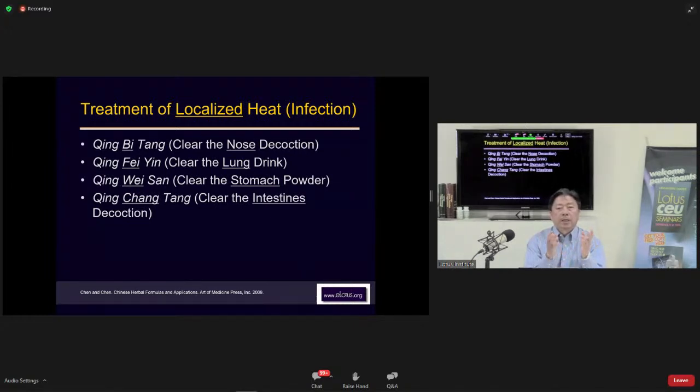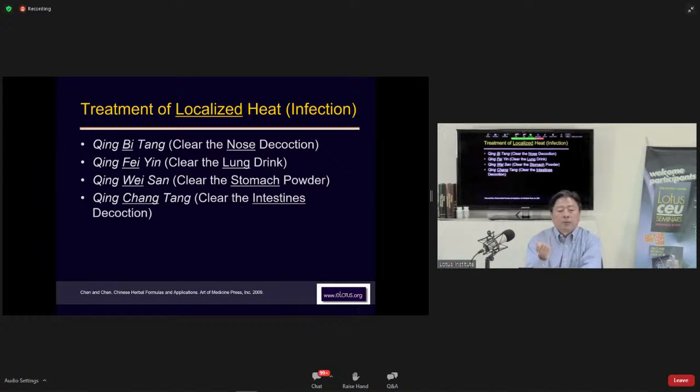So in this case, where the infection is and where the inflammation is. So for example, 清鼻汤 clear the nose decoction is a great formula to treat sinusitis and rhinitis, basically issues with the nose or specifically heat affecting the nose. Okay, so sinusitis, rhinitis, perhaps even sinus infection.